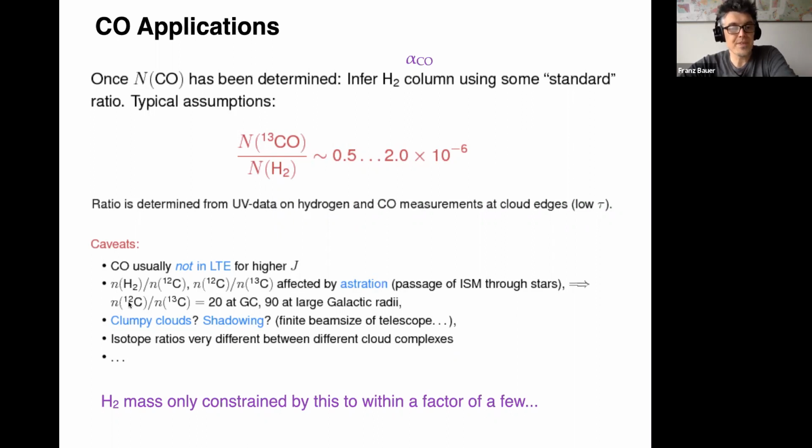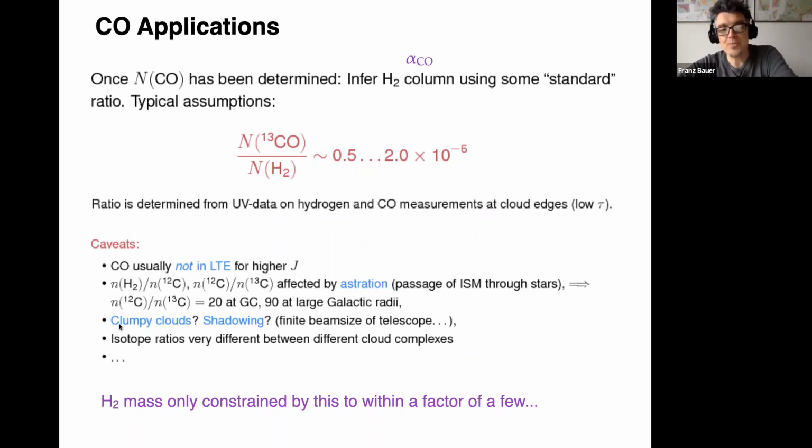This ratio could be a factor of 20 at the galactic center, but it could be much larger at galactic radii like where the sun is. So obviously this is a huge factor, and it comes into this big uncertainty in converting from 13CO to 12CO and 12CO to hydrogen.